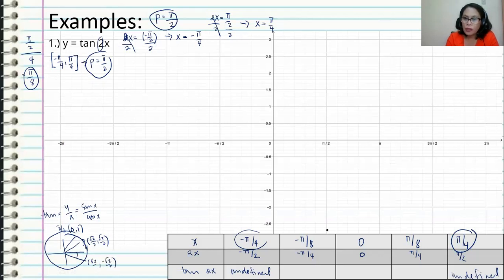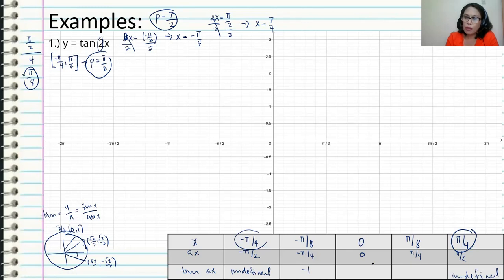Or you can verify using your calculator, making sure that your calculator is in radian mode, and evaluate tangent negative pi over 4. This will result in negative 1, because we divide a negative value by a positive value.